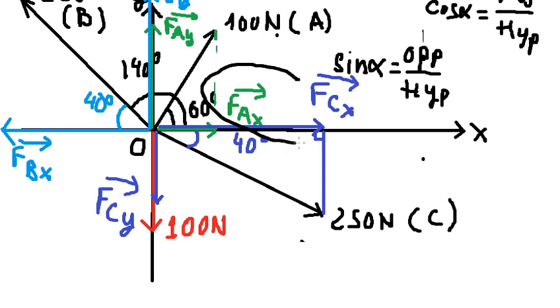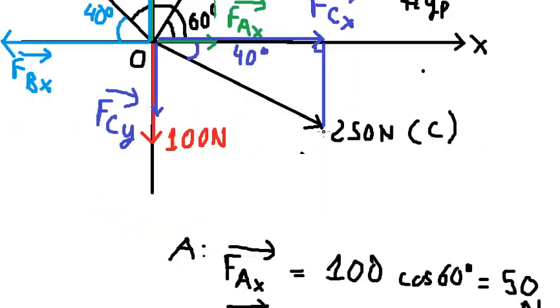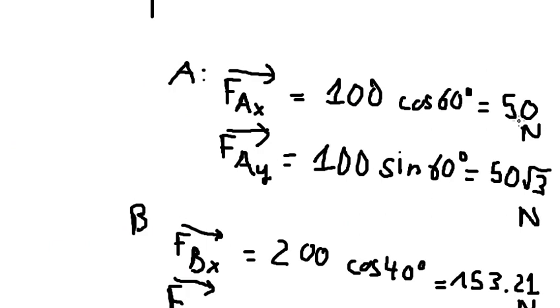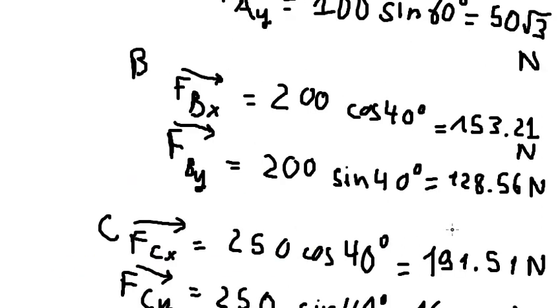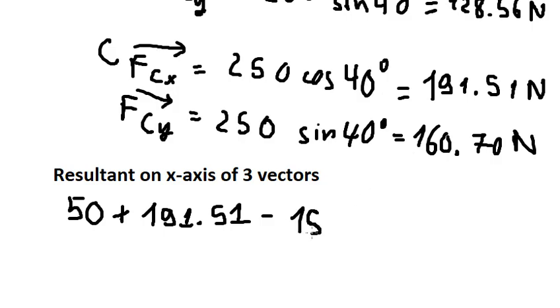So we need to sum two vectors in here minus this vector in here. So that should be about 50 plus 191.51 minus about 153.21. So you got 88.3.